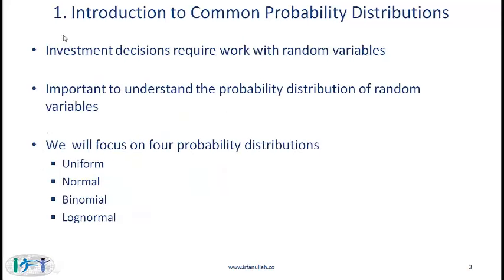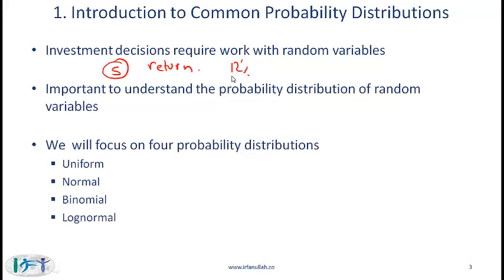A high-level introduction. Investment decisions require work with random variables. If you consider a very basic investment decision, which is whether or not to buy a stock, obviously we need to consider what the expected return on that stock will be. The expected return might be 12%, but this does not mean that the return will actually be 12%.